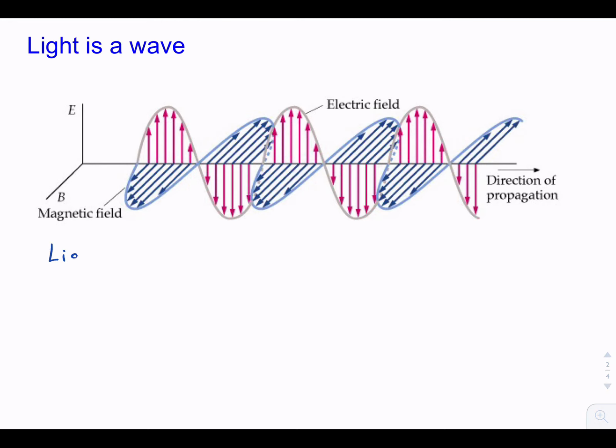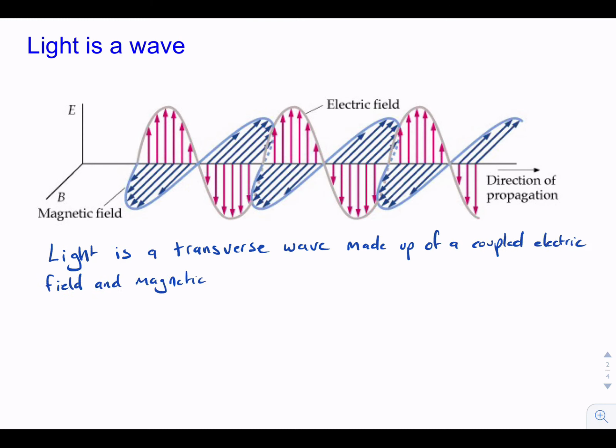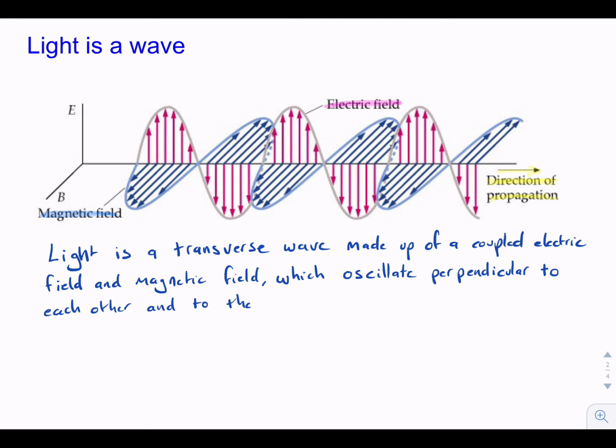this context. Light is a transverse wave made up of a coupled electric field and magnetic field. These two fields are self-supporting and oscillate perpendicular to each other and to the direction of travel. So they don't require a medium to keep themselves going.